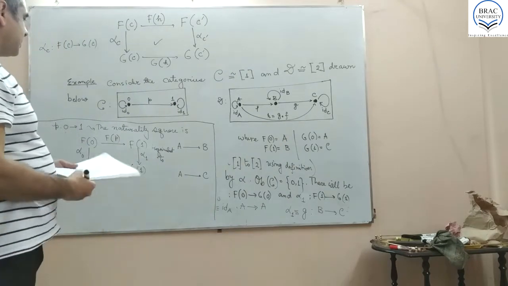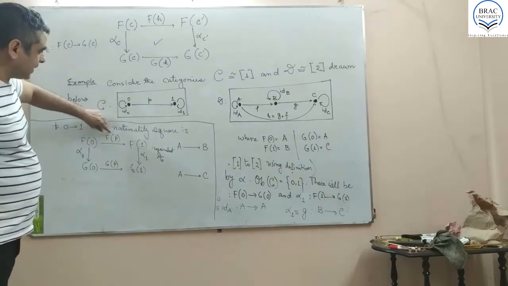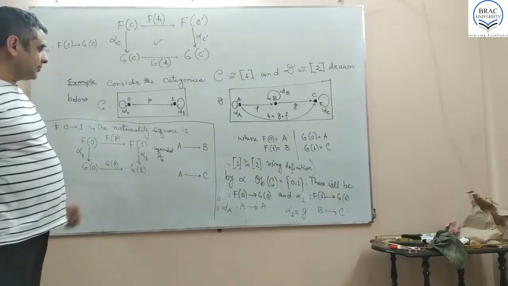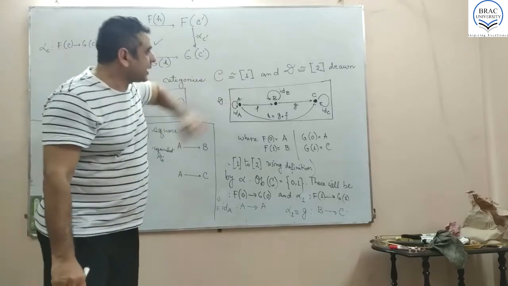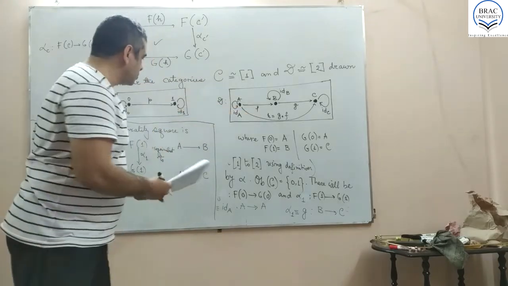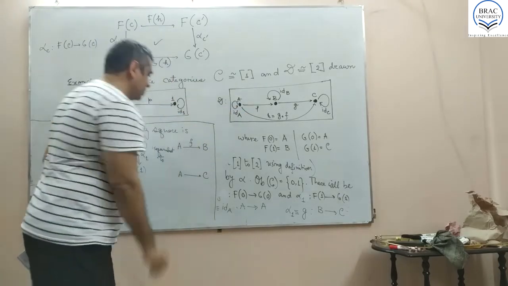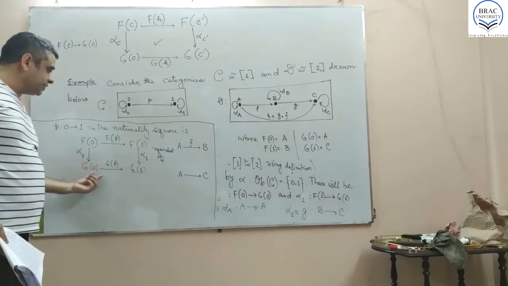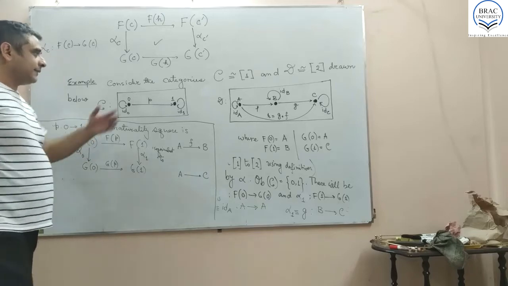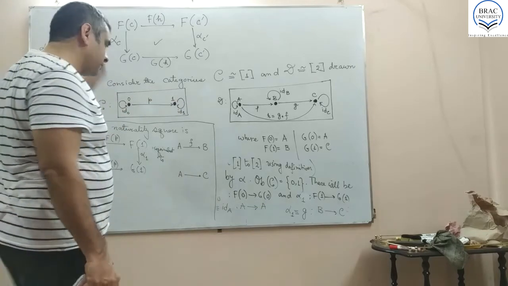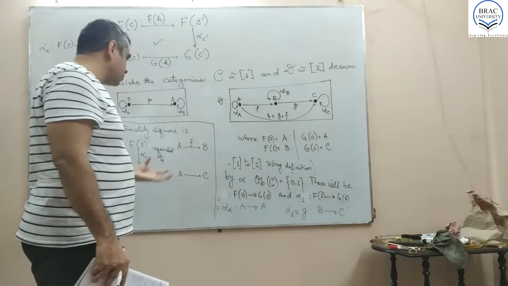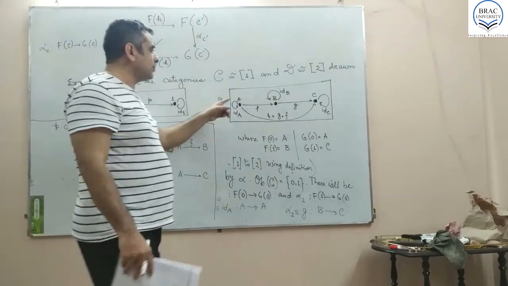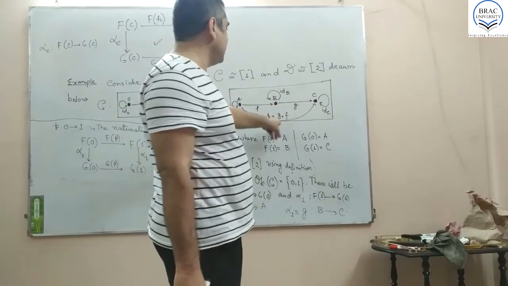And what is FP then? FP is a morphism in the category D, and what is the morphism between A and B in the category D? It is F. So this guy is F. Now GP is the morphism between G0 and G1 in the category D. So in other words, we have to take the morphism between A and C in the category D. What is the morphism between A and C in category D?